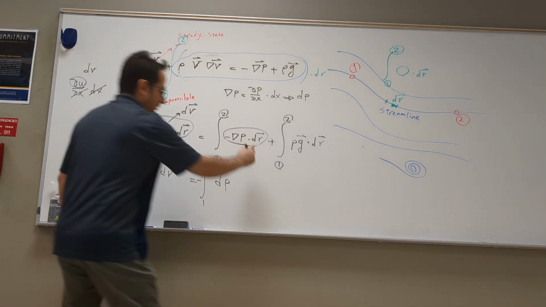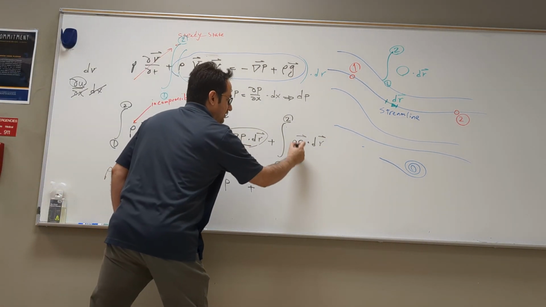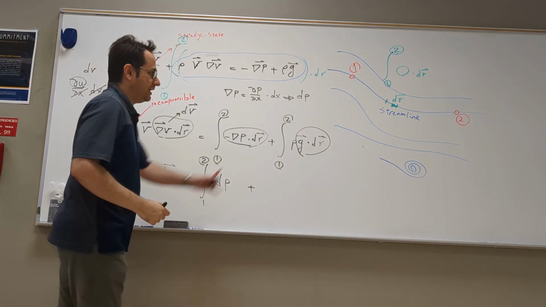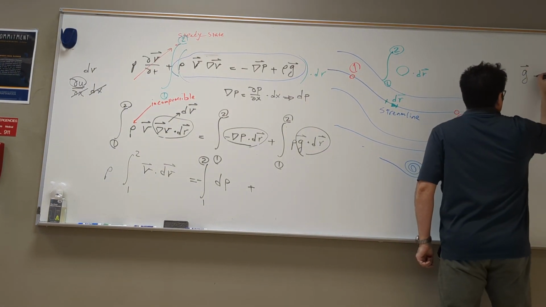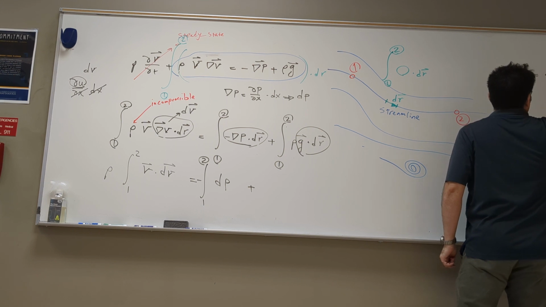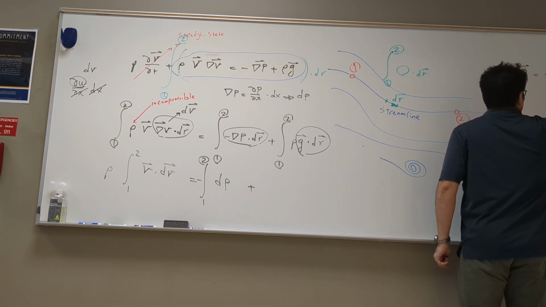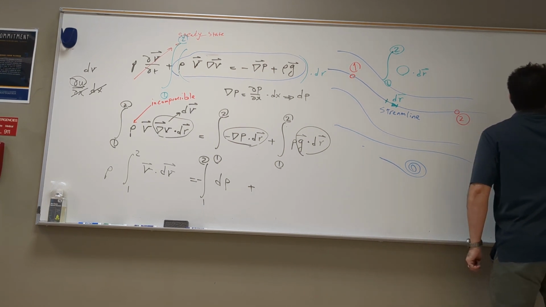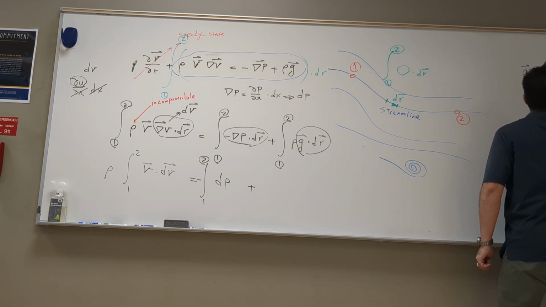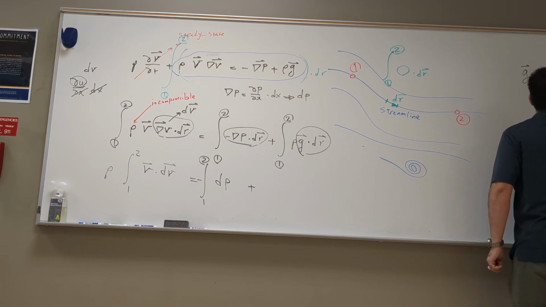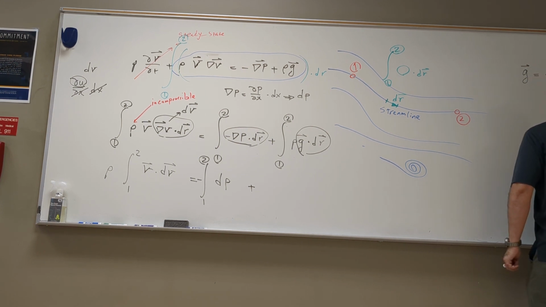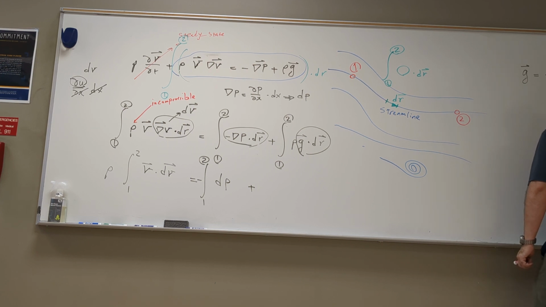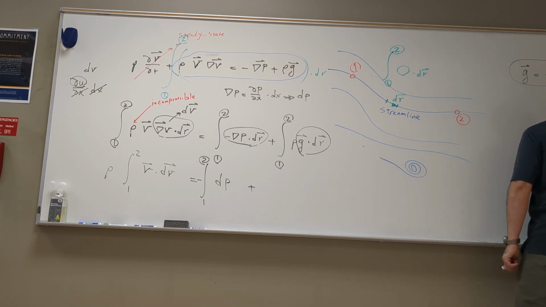And then finally, plus rho g dot dr. Again, in one dimension, what is g? g is 0 i plus 0 j plus negative 9.81 times k. That's your g. We agree?